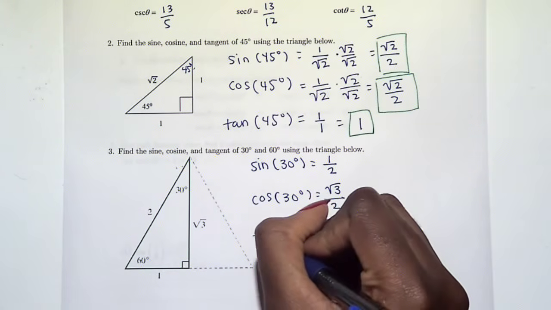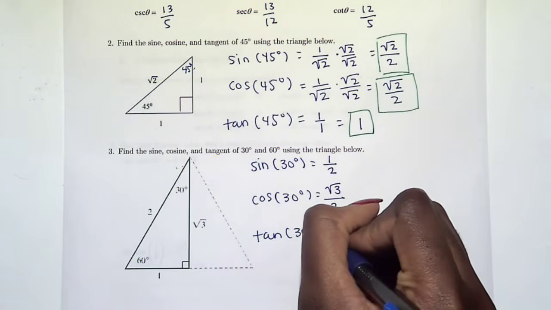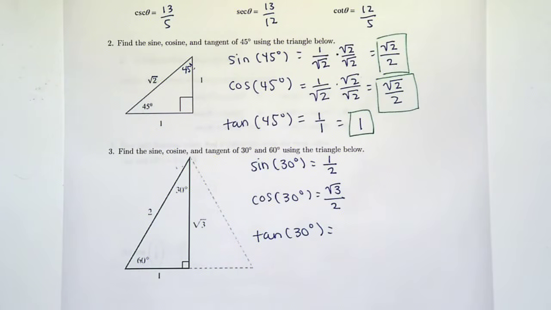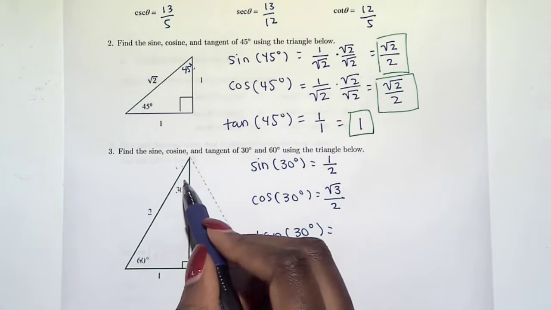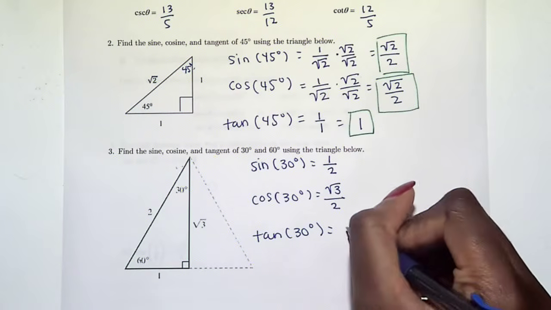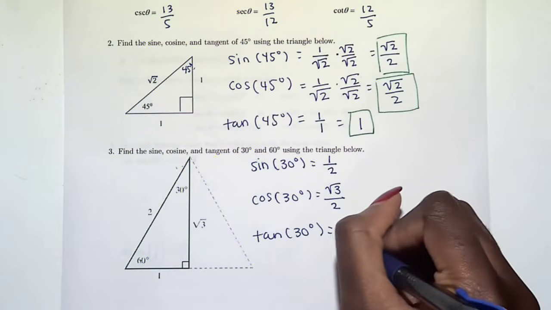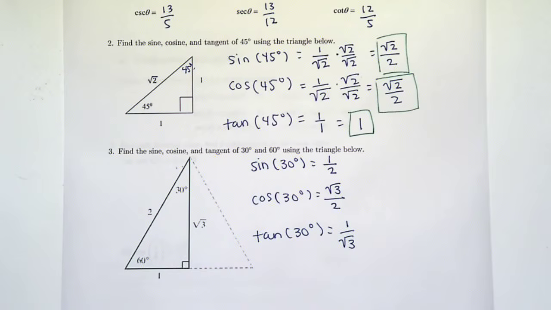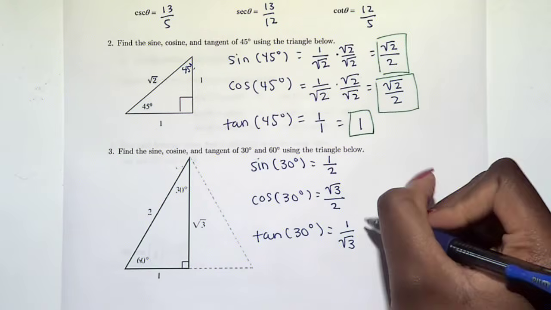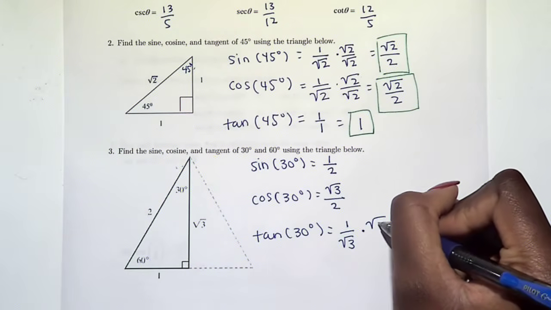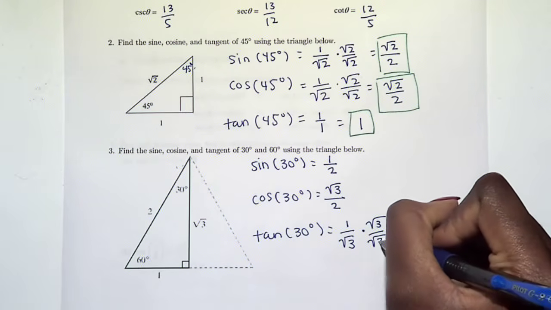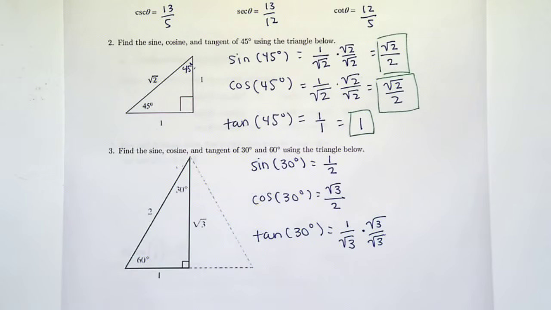And then we want to find tangent of 30 degrees. Opposite over adjacent. Opposite is 1. Adjacent is root 3. I see a radical on the bottom, so we're going to go ahead and rationalize the denominator, which means get the square root out of the denominator by multiplying the top and the bottom by that square root.